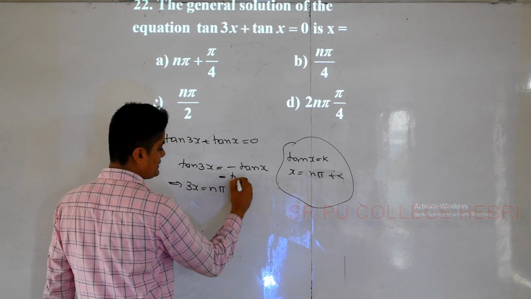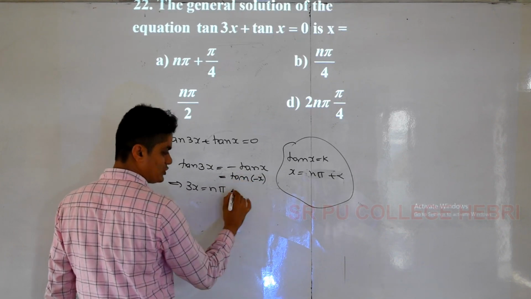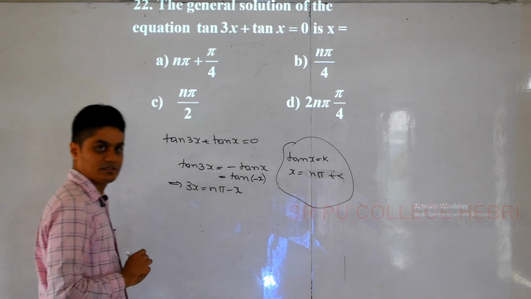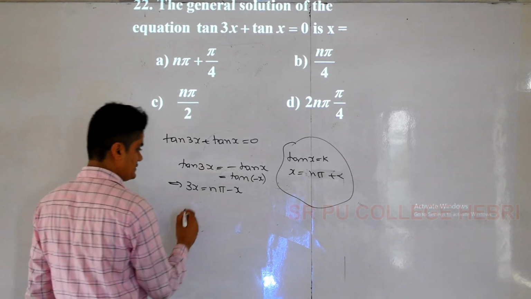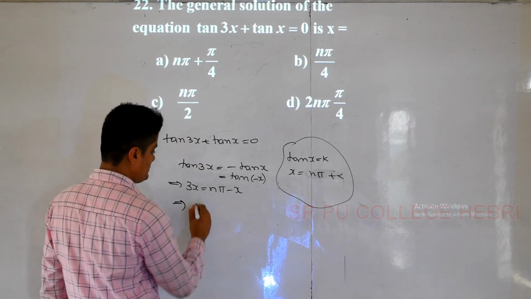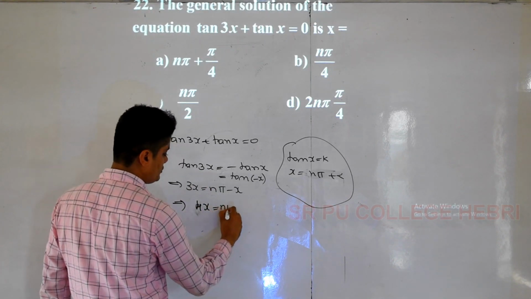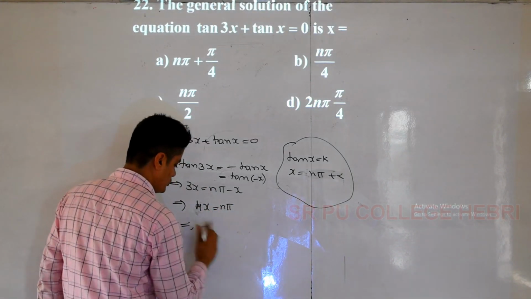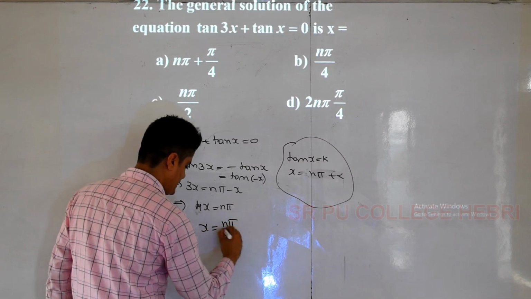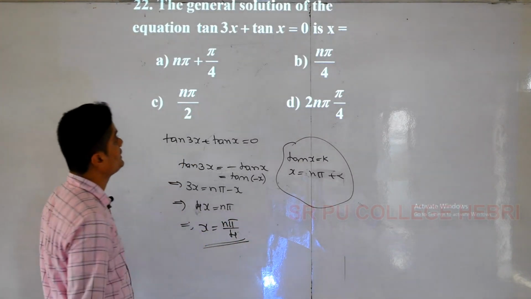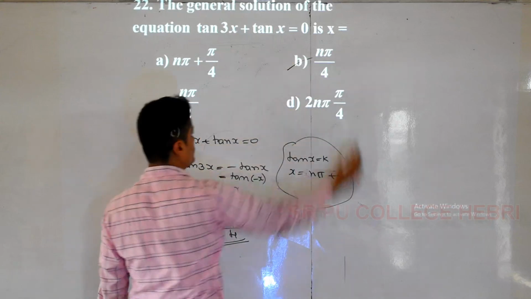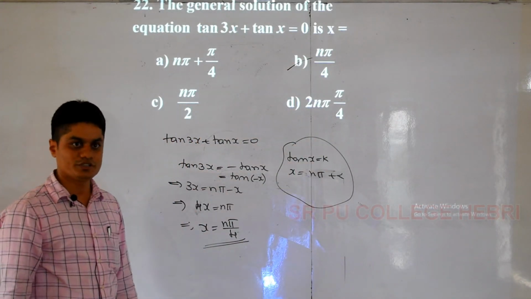See, this you can write as tan of minus x. So what is alpha? Alpha will be minus x. So this implies, x will come this side, it becomes 4x is equal to n pi. x is equal to n pi by 4. This is the general solution of the equation. So answer is n pi by 4, option B. I hope you understood. Okay, fine.